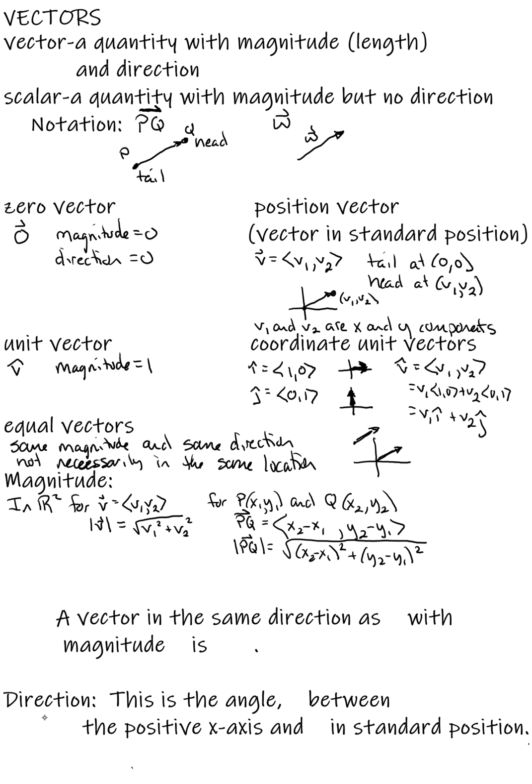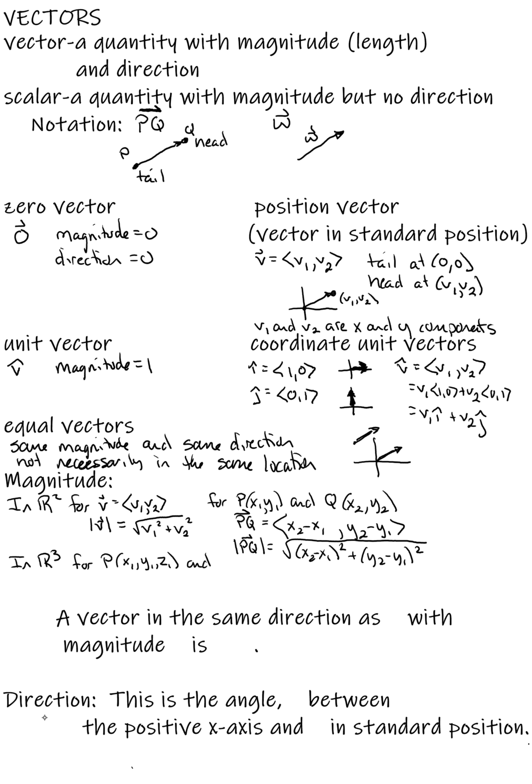That's in R2 space. What if we are in R3 space? In R3 space, point P would have 3 coordinates because it's 3 space, so we'll call it x1, y1, z1.